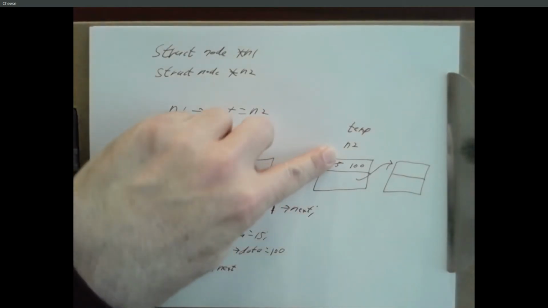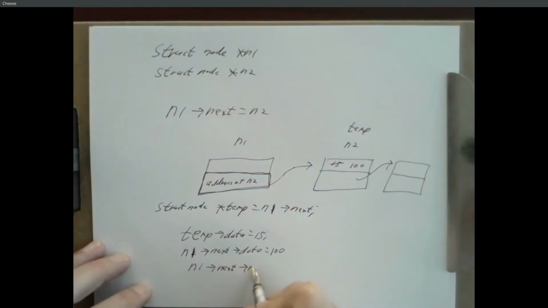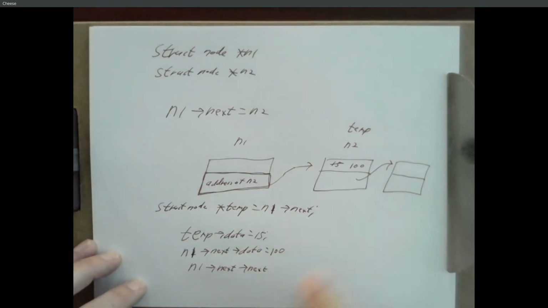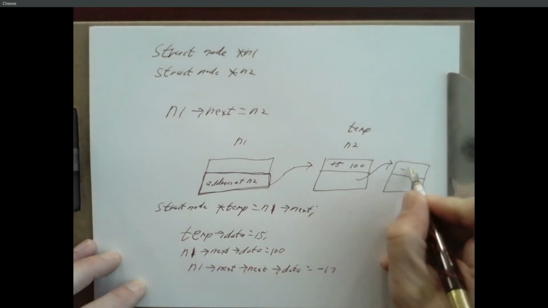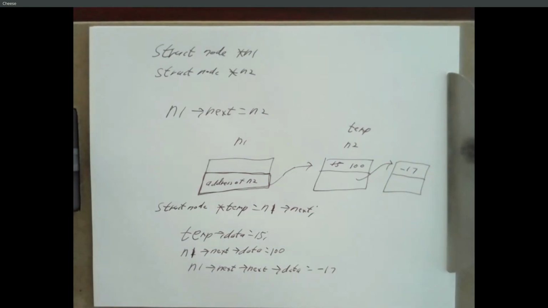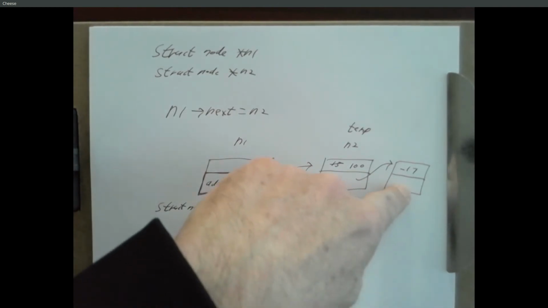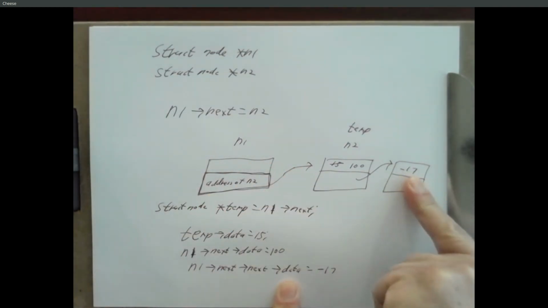That's this node. n2 arrow next. That's the next field, which is this node. Arrow data equals minus 17. That's going to put a minus 17 right here. And the way we read this is n1 next, that's this, next, that's this, data, that's that field right there.